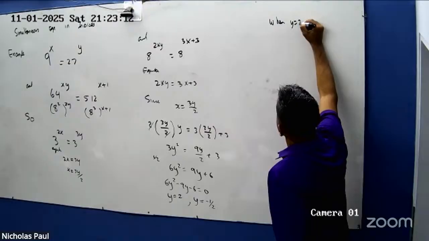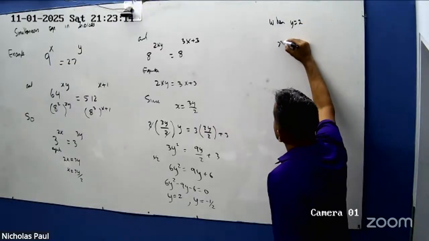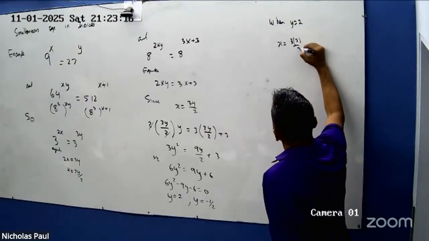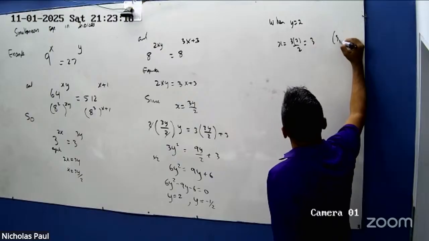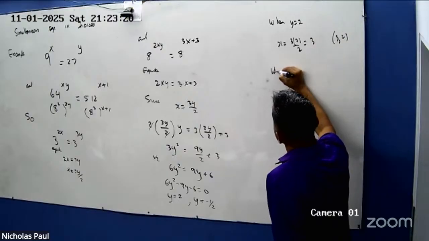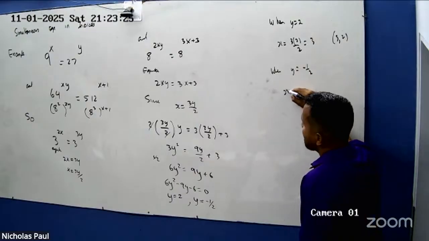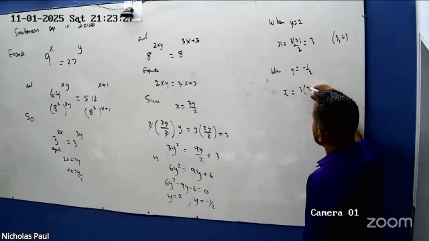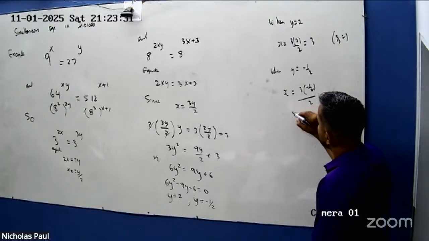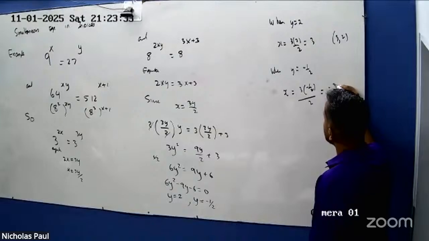When y is equal to 2, x is equal to 3 by 2 on 2. So your first answer is 3, 2. When y is equal to minus a half, x is equal to 3 by minus a half on 2. How much is that? Minus 3/4.